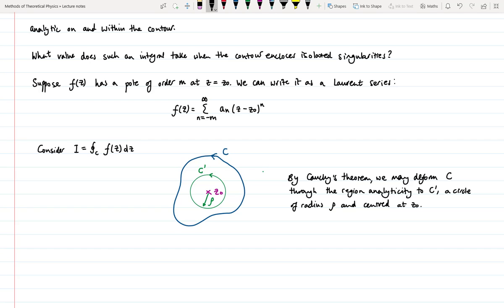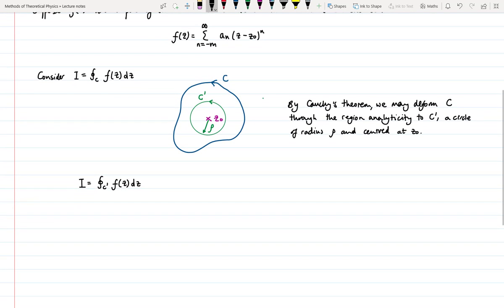Okay, so this means that we can now write our integral as the integral along the closed contour C' of f of z dz. We're now going to substitute in our Laurent series at the top of the page. We can now write this as the integral along C' of the sum from n equals minus m to infinity of these powers dz.